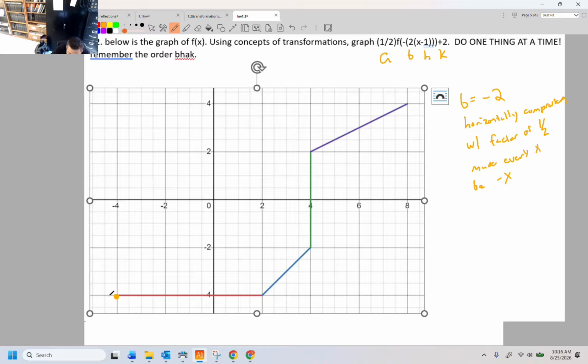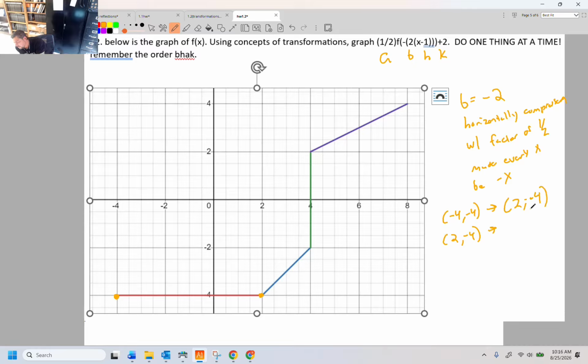So let's take this point right here. This point is at -4, -4. It is going to become 2, -4. Sorry, 2, -4. I don't change y, I just change sign on x. I've got a point right here that is at 2, -4. And it's going to become -1. That's still -4.